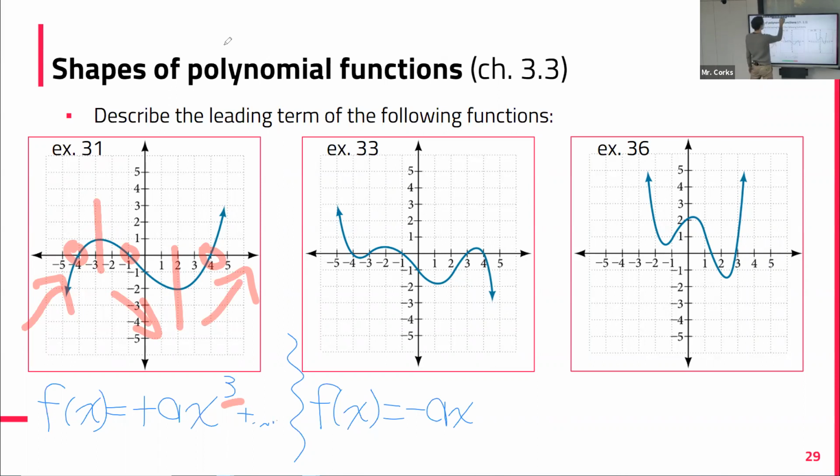Okay, so we see 1, 2, 3, 4, 5 zeros here. For 1, 2, 3, 4 turning points. So 5 intervals. So what do we know about the exponent? Okay, so odd exponents must be at least how big?